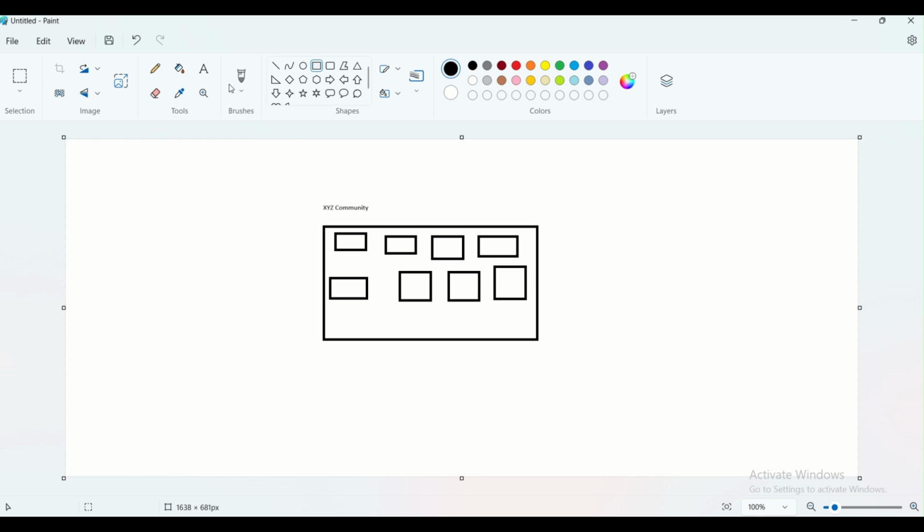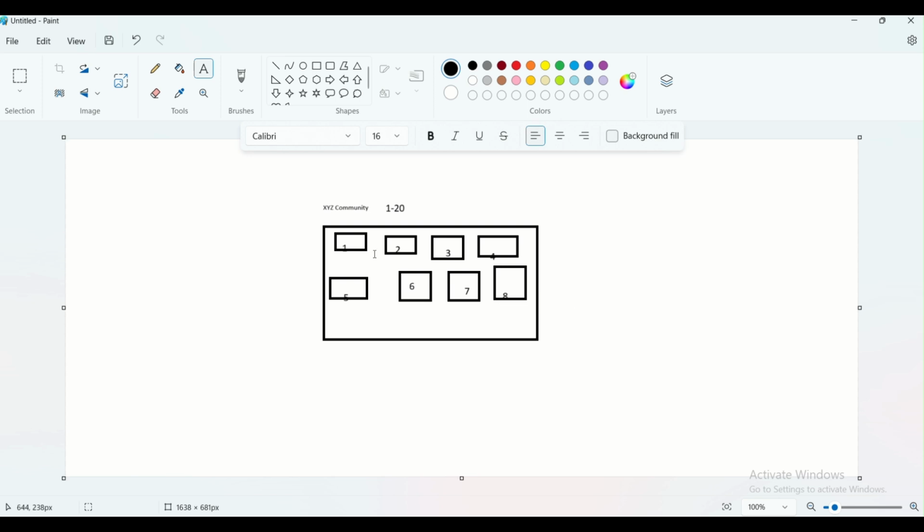For the XYZ community, I decided to utilize numbers from 1 to 20. So I will start assigning numbers. This is number 1, this is number 2, number 3, number 4, number 5, number 6, number 7, and number 8.